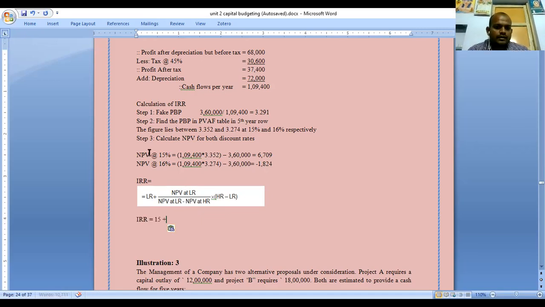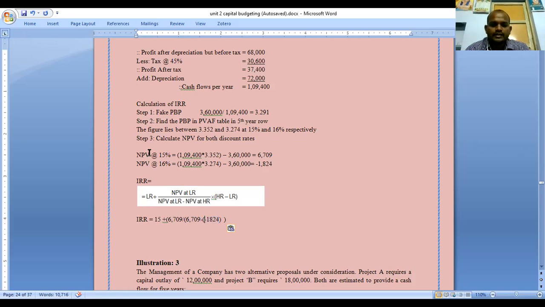NPV at lower rate divided by NPV at lower rate minus NPV at higher rate. So NPV at higher rate is already in minus.